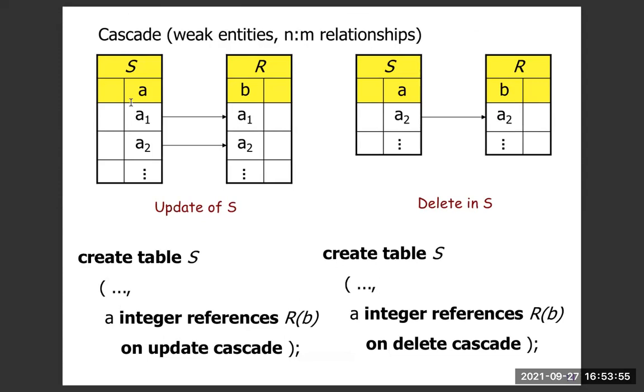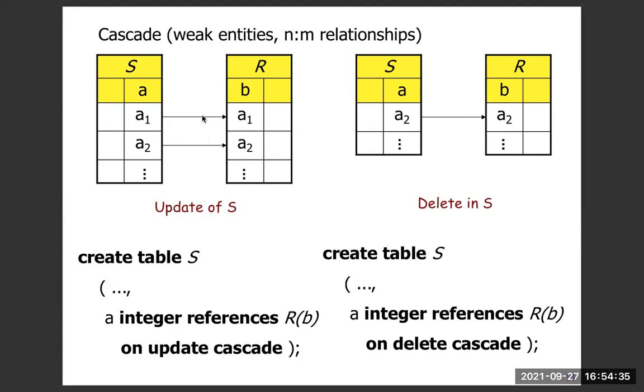So in case of S, table S has a column A that references table R column B ON UPDATE CASCADE, or ON DELETE CASCADE. So on update of R, the new value migrates here, and all the A1s will be changed. In case of ON DELETE CASCADE, if a record is deleted in the referenced table, then all the records that reference it in table S will be deleted too.